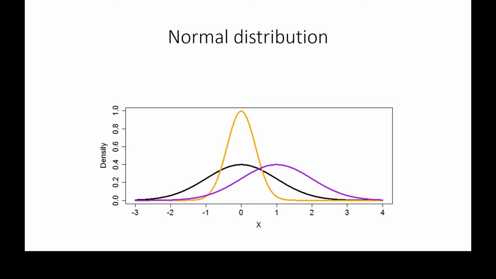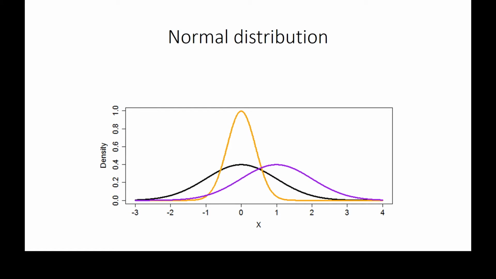So mean 0 and standard deviation 1. The orange curve also has a mean at 0, but the standard deviation is 0.4 instead of 1. As you can see, that means that more of the mass is close to 0. The purple curve is the same as the black, but the mean is shifted to 1.